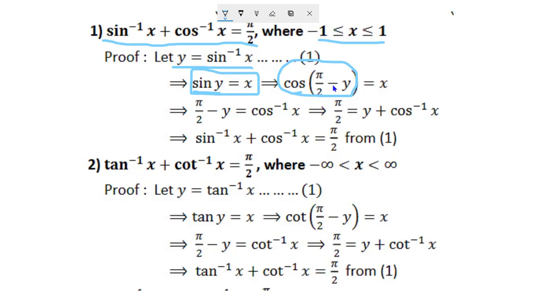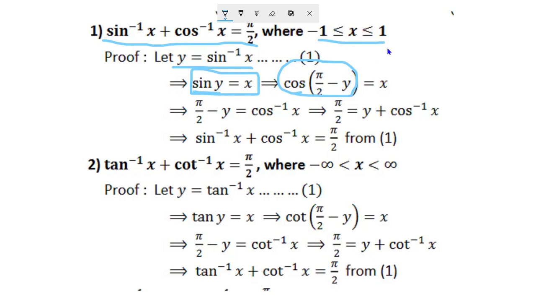And pi by 2 minus pi by 2 means minimum value is 0. When it is negative minus pi by 2, it will become pi. Thus you have pi by 2 minus y is in the given domain of the function.